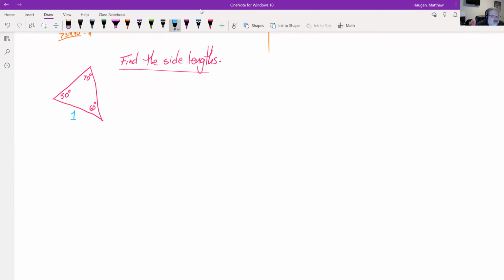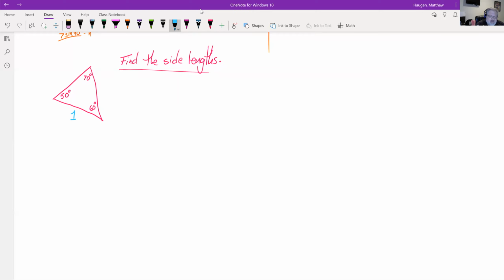You might remember we did this with the 30-60 and the 45-45 triangle weeks ago. We wanted to find the ratios of sides, so we just arbitrarily picked one of the side lengths to be 1. Doing the same thing here. Now, in doing those, I chose the side length 1 to be the hypotenuse for a convenient reason when we got to the unit circle.